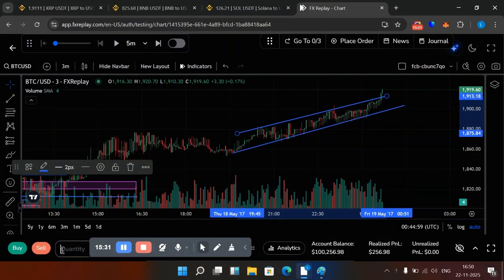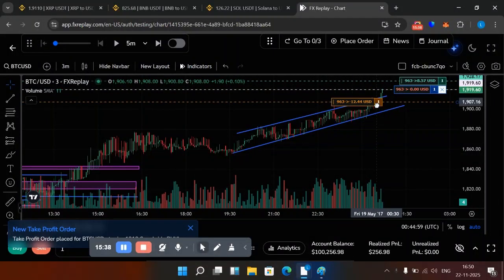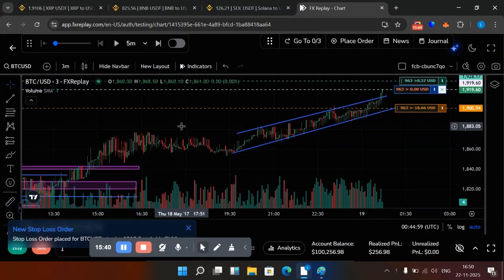Fine, we have a breakout here and let's click on buy. And again our ratio a little bit, we are going to be like $6 or $7. Fine. Let's see what happens. I will mute myself.